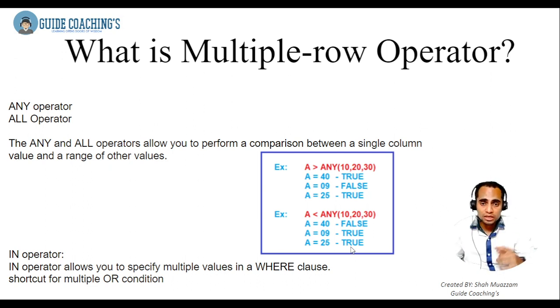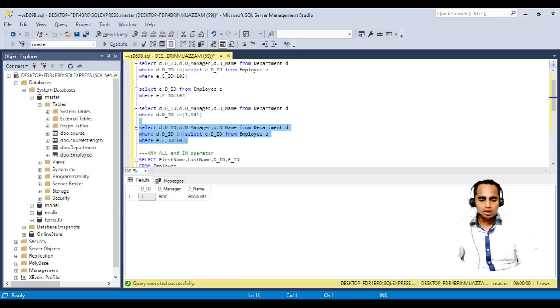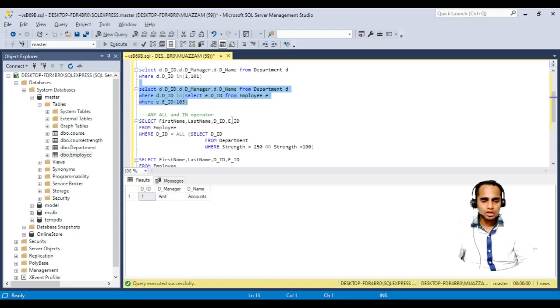You can put multiple or conditions using the in operator by just separating them with a comma. So that is the in and all operation. Now I will be taking you to the any and all operators.